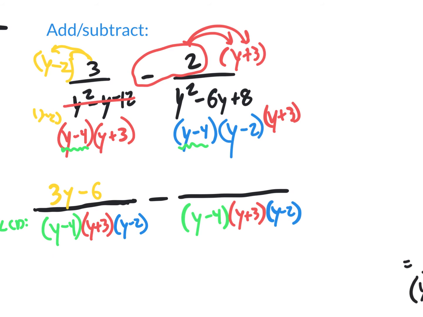So if I were doing it the original way, just rewriting it with the minus sign in between, then I would just be distributing the 2 times y, that'd be a 2y, 2 times 3, that would be a 6. And then, now that I have a common denominator, I would write it once and then combine the numerators. So 3y minus 2y, that would be 1y.